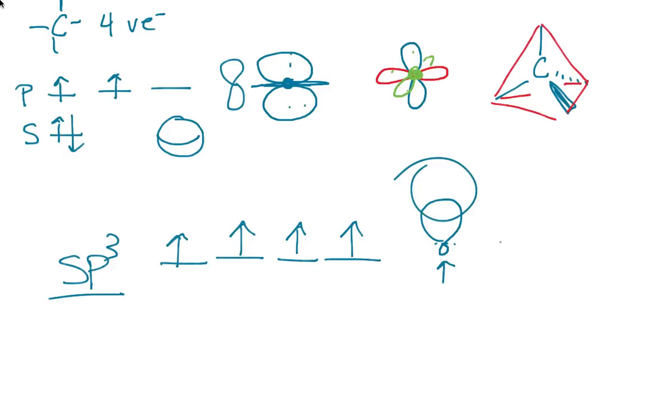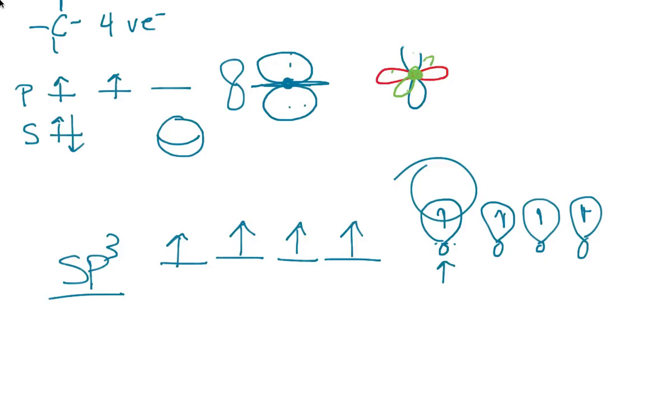Okay, so there are 4 equal orbitals, even though I'm not drawing them equally here. 4 equal orbitals, each with an electron in it. And so if you take those 4 orbitals and put them around a carbon, I'm running out of space here, let me erase this.